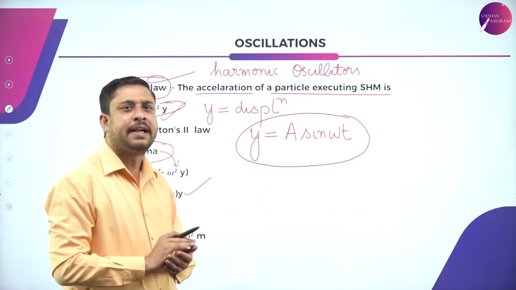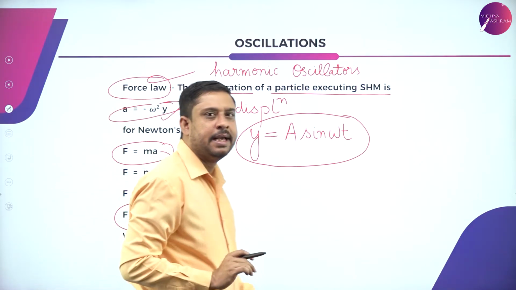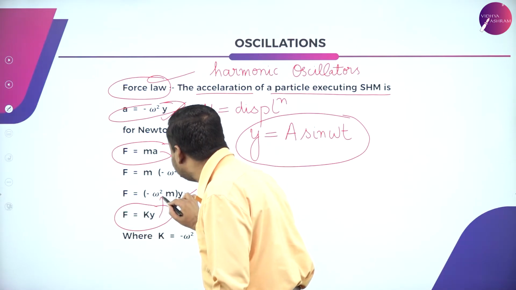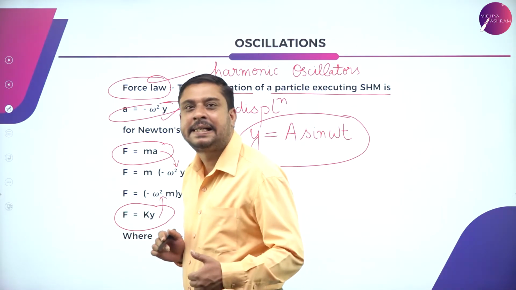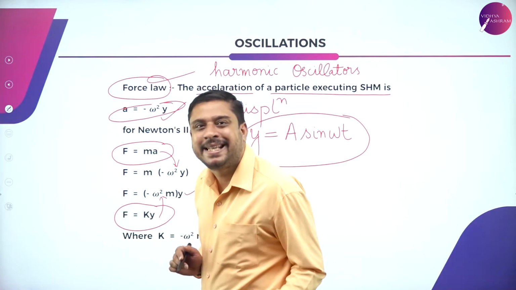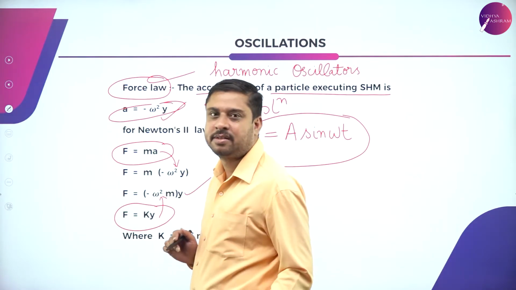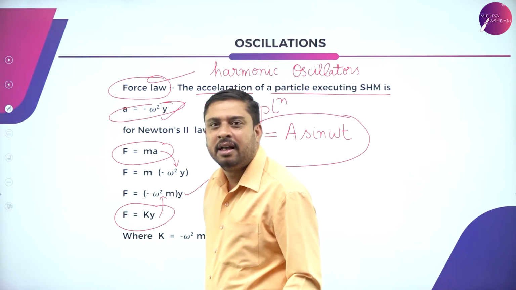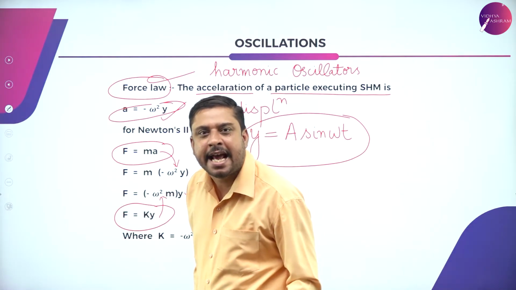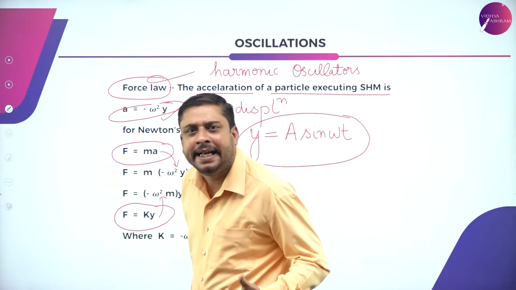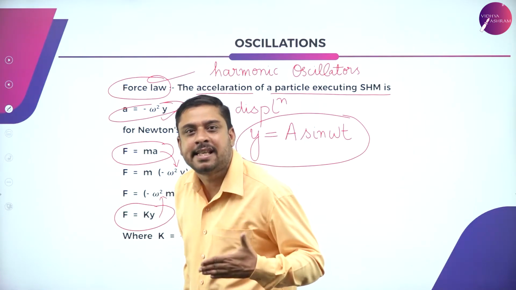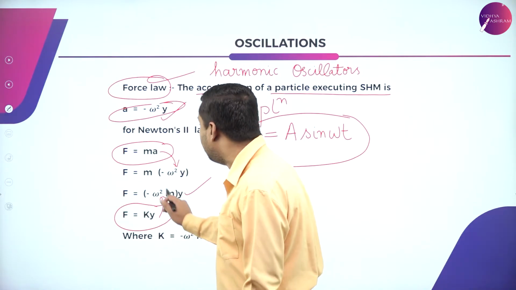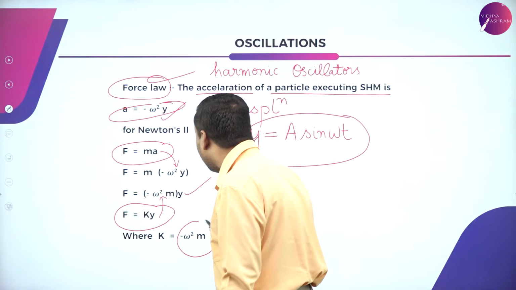If you observe that expression, K is a constant replacing all the terms in the bracket, all the other constants. Which are the constants?